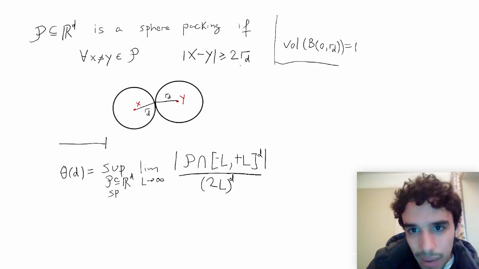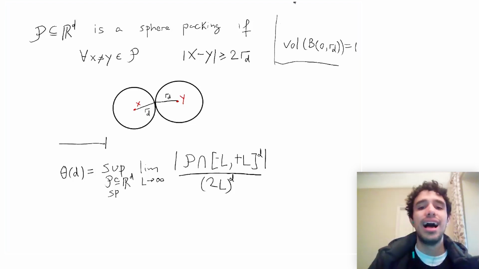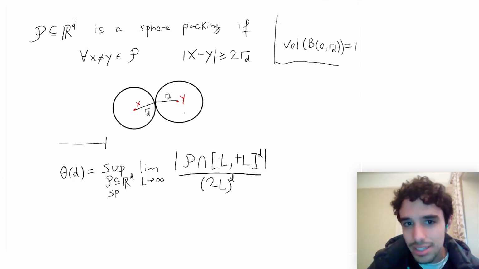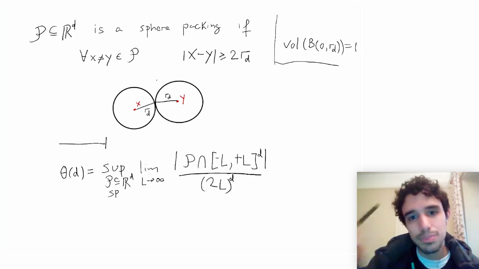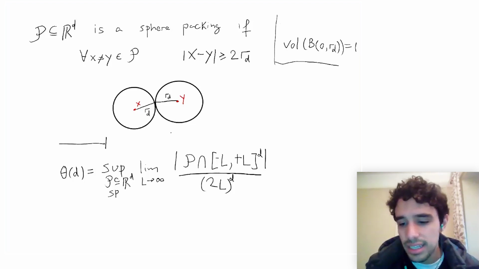And here, I'm always going to be normalizing by this radius, r_d, which is the radius of the ball with volume 1, the volume of the unit ball. So here, for instance, these two points, their balls are disjoint because they have distance at least 2r_d. So if you place balls of radius r_d with centers in this set P, then you have a sphere packing.